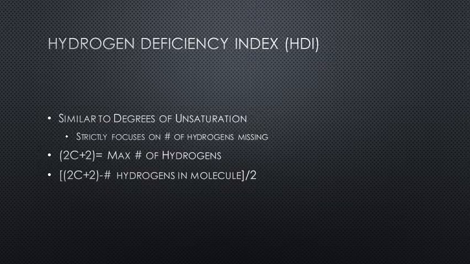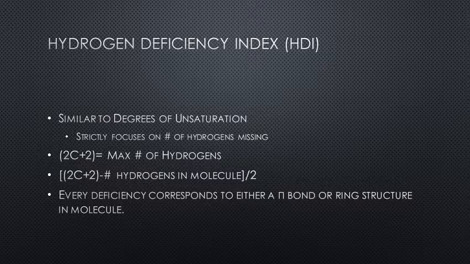In order to find the max number of hydrogens, you need to multiply your number of carbons by 2, plus 2. Then to find your HDI, you take that number minus the number of hydrogens you currently have in your molecule and divide that by 2. Now you should get an integer for this, and every deficiency corresponds to either a pi bond or a ring structure in your molecule.